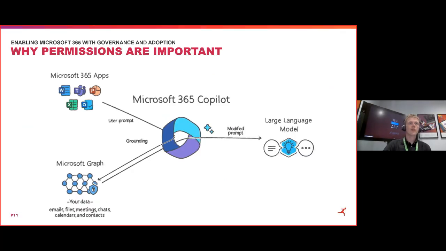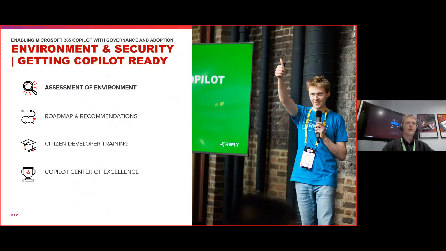What's important here is that M365 Copilot is relying on Microsoft Graph to get access to the data that you have access to when you type in the prompt. As I said, the very first step will be the assessment of the environment. So now let's take a look into the tools which are available to actually assess your environment.